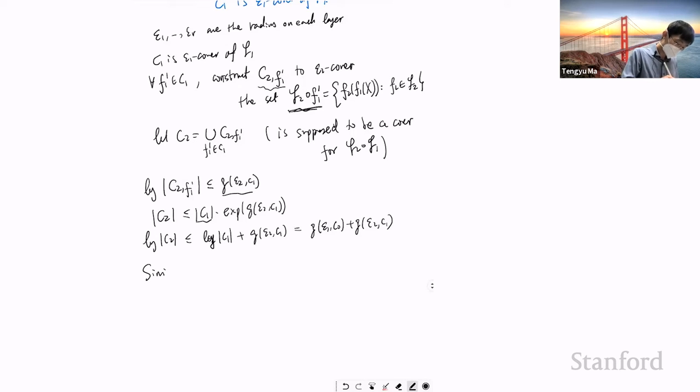So similarly, for given Ck, suppose you have covered k layers, and now you are constructing a cover for the k plus 1 layer.